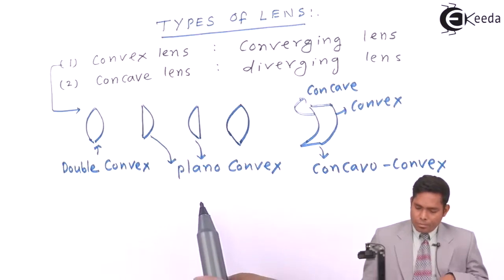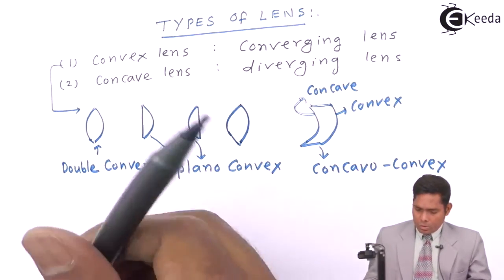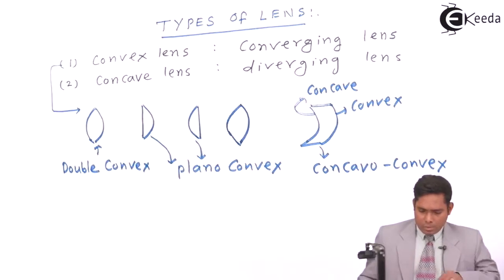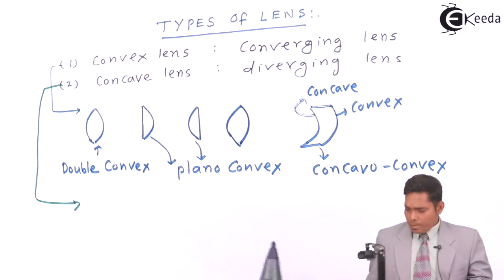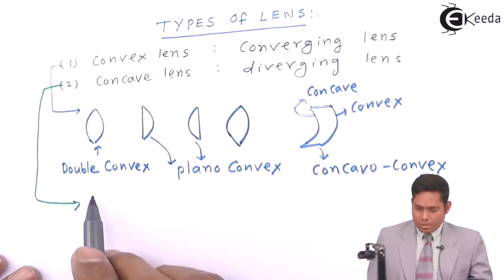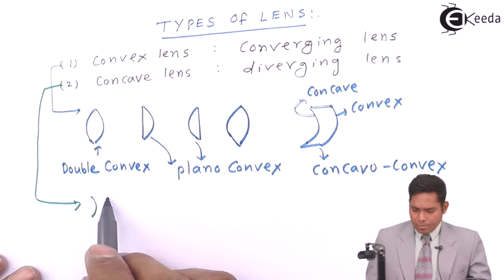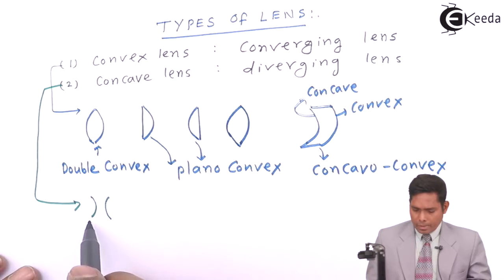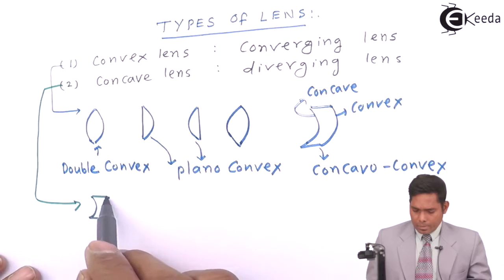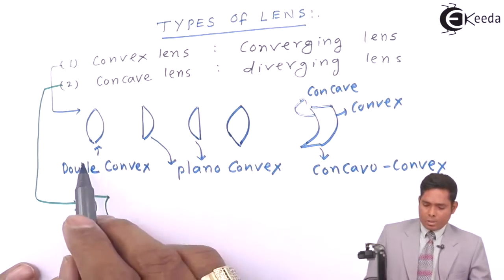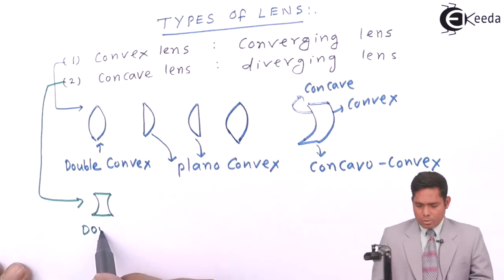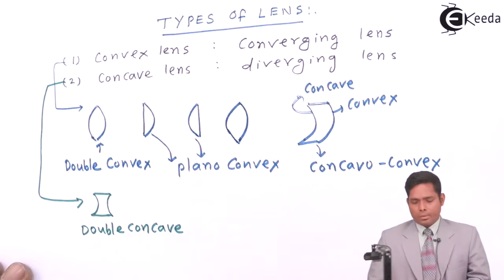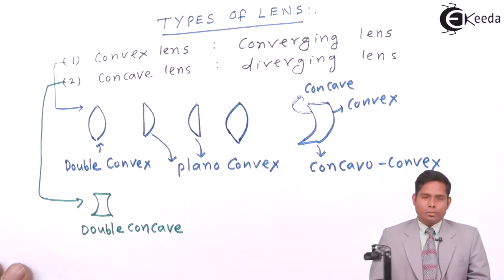Now if I talk about the concave lens, we will also have both sides concave like that. This lens is double concave, or doubly concave.